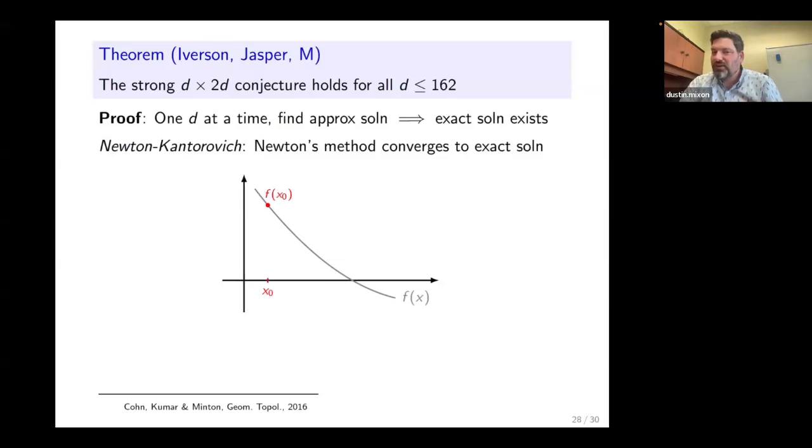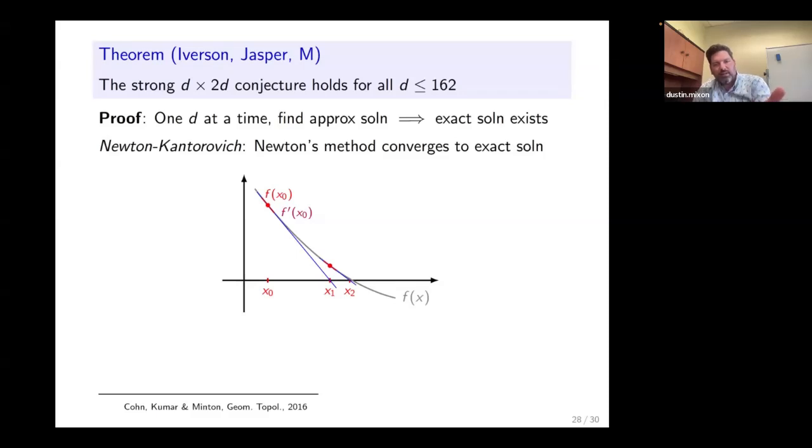But you can use the derivative of the function to inform a better choice, something that's closer to being a root. Okay, you linearly approximate your function, and that sends you to a better approximation of a root. So that gives you something even closer. You do it again, you get even closer.